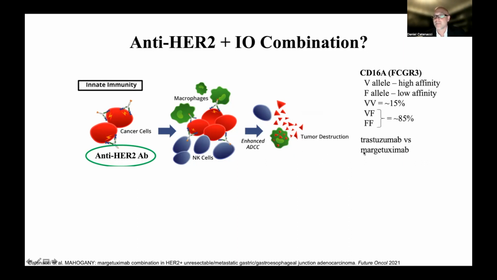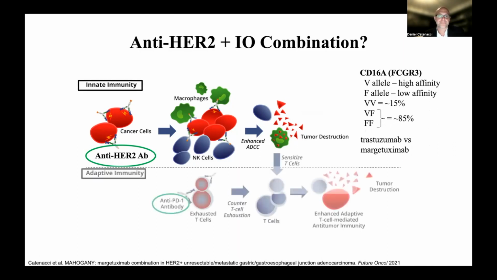So margetuximab is built on trastuzumab. It has the same other end where it's binding HER2, but it's been changed here in sequence so that it will bind strongly to NK cells, irrespective of what the alleles are in patients that are getting the therapy. And so this is to overcome the low affinity in the majority of patients. So margetuximab is sort of like a super trastuzumab.